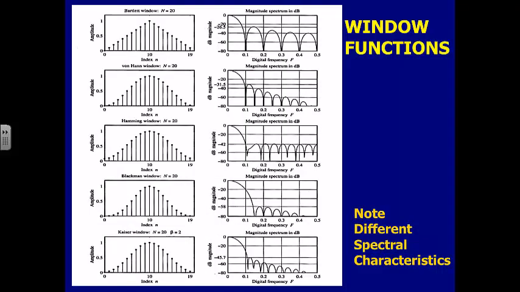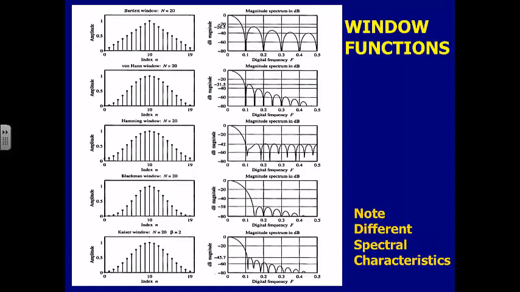And there are lots of different kinds of window functions, a myriad different bunch. They all have the general characteristic that they taper down to 0 at the beginning and end. Most of them, an unusual one is a triangular window called a Bartlett window. Most of them are more smooth windows, kind of have a sinusoidal sort of shape, and just vary in how quickly they taper and how smoothly they taper.